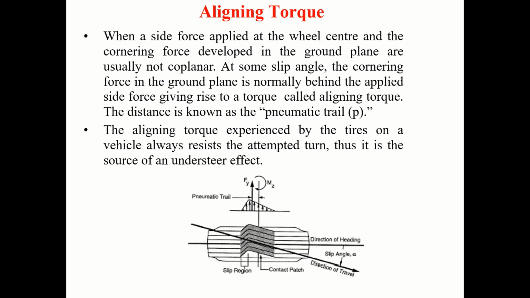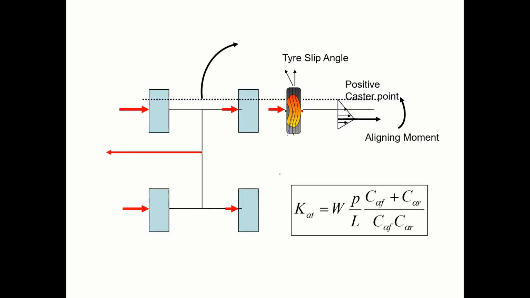Lateral force aligning torque I have explained already. So what happens due to the caster angle, this has been explained. What is the effect of positive caster and negative caster, and that aligning torque value, understeer gradient due to aligning torque is given by this.